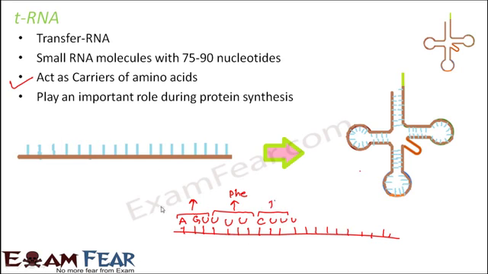So this purpose of connecting or linking the amino acid with the codon on the mRNA, this job is being done by transfer RNA. So tRNA acts as a mediator or a middle line between mRNA sequences and the sequence of amino acids which will later form the proteins. So it can connect the mRNA sequence with amino acid, and that is the main purpose of tRNA.